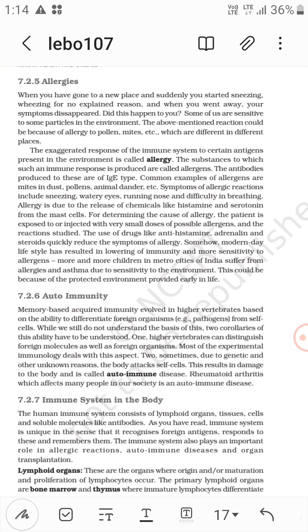So the exaggerated response of the immune system to certain antigens present in the environment is called allergy.